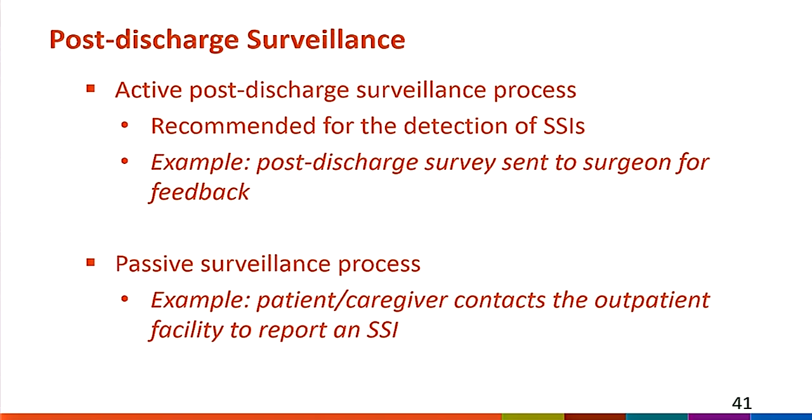The plan may include some of the following: review of the patient's medical record, post-discharge surgeon surveys, post-discharge patient letters, post-discharge patient phone calls, patients returning to the outpatient facility for follow-up, and cooperative agreements within the healthcare community where that facility resides.